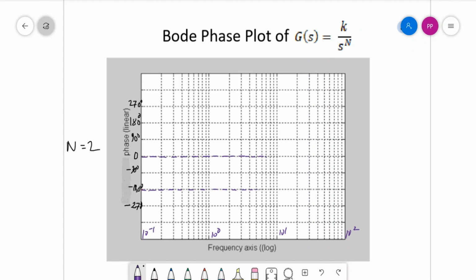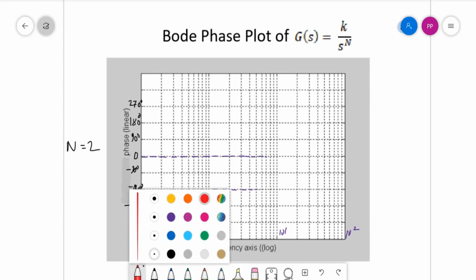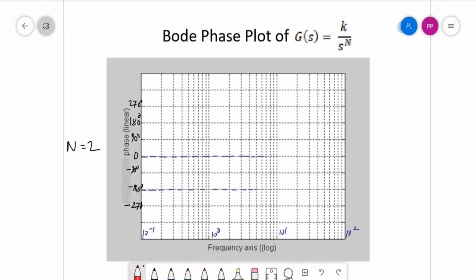Because both continue from the smallest to the largest value, we can add these two values to get the final value. If we add these two values, we get the final phase like this. This is how we can draw the phase plot for k divided by s power n.